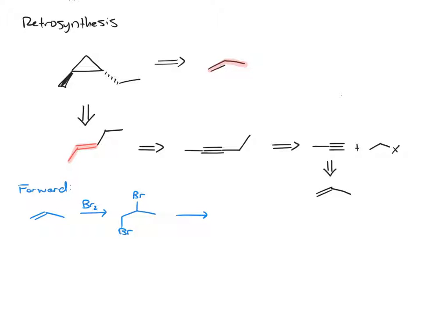We do two eliminations of HBr. You can use whatever base you want. We'll just use hydroxide, heat it up to help things along. That will eliminate the dibromide to give the alkyne.